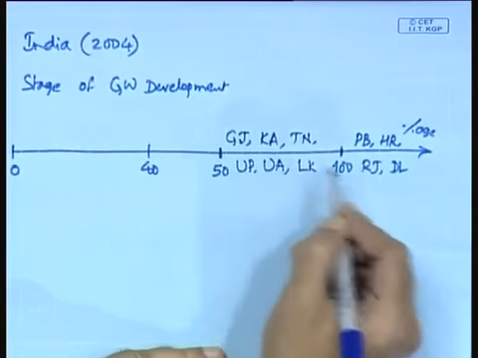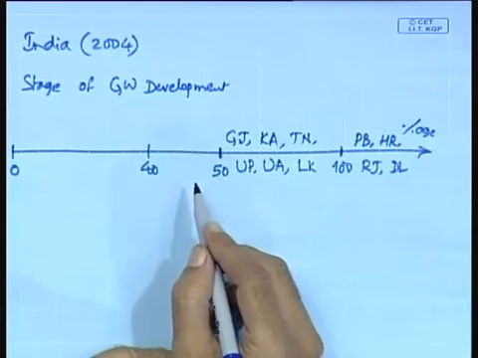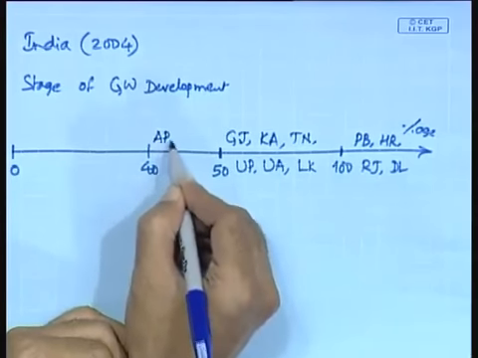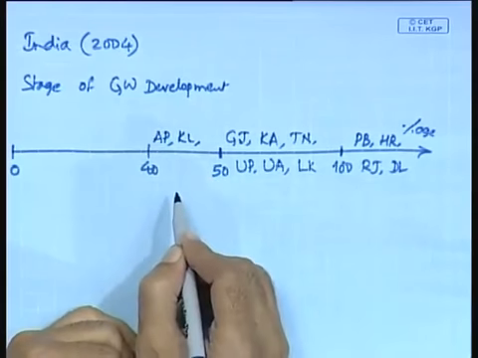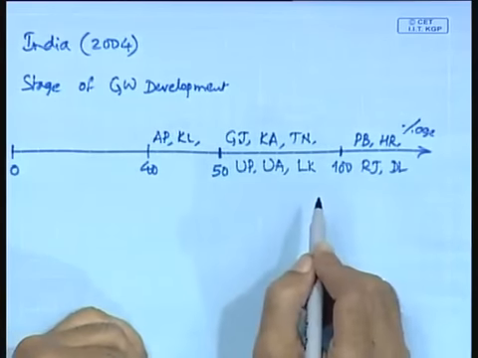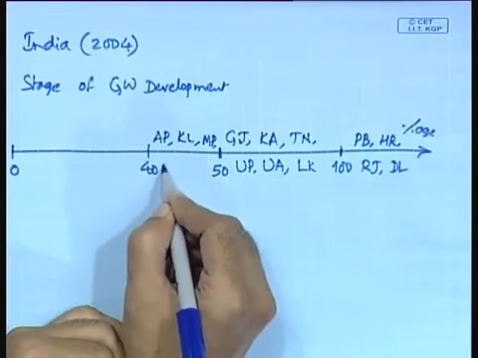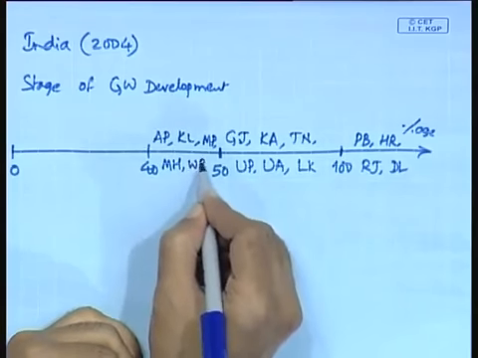So, these 5 states and 1 union territory. Between 40 and 50%, there were a few more states: Andhra Pradesh, Kerala, then Madhya Pradesh, Maharashtra, West Bengal.